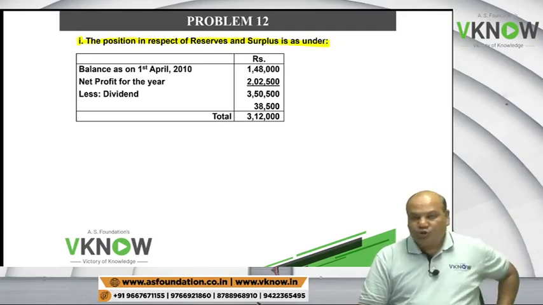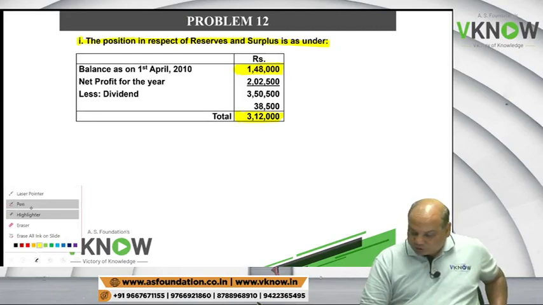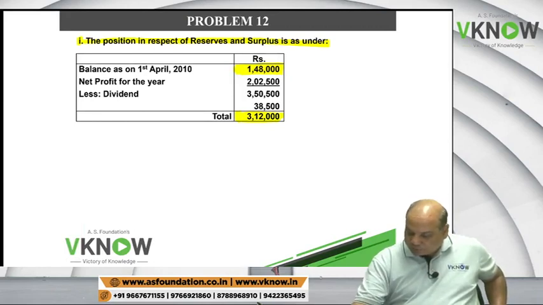So they have given you in your first adjustment the position in respect of reserve. You will see this figure is matching with your opening balance sheet, and this figure is matching with your closing balance sheet. But what is important for us is the profit for the year.